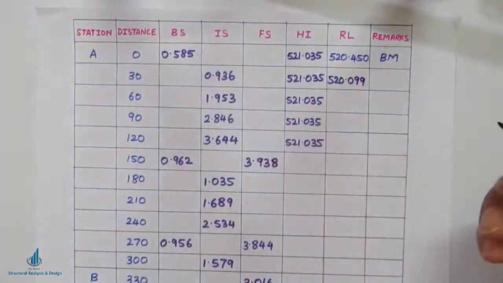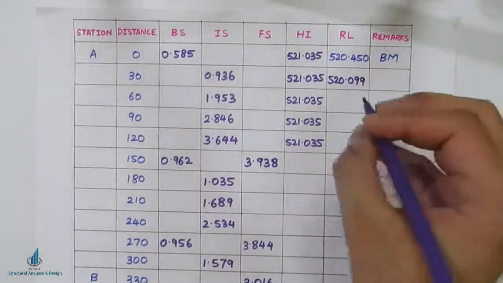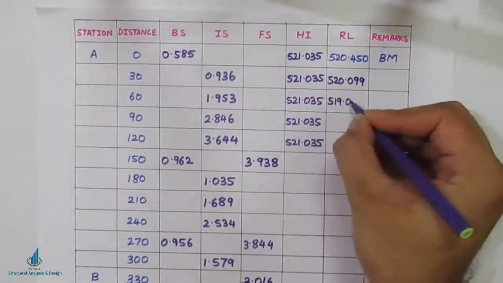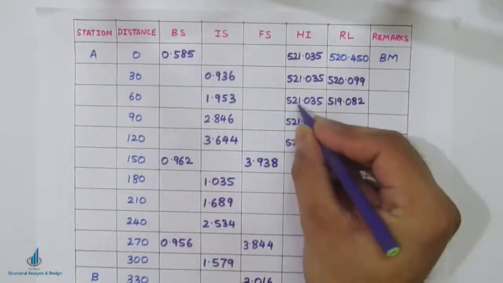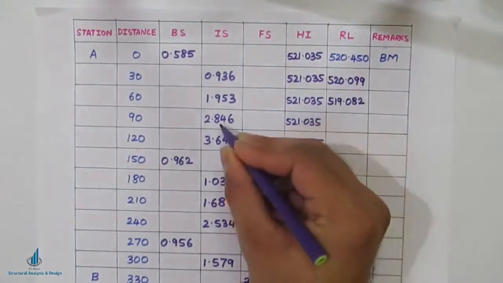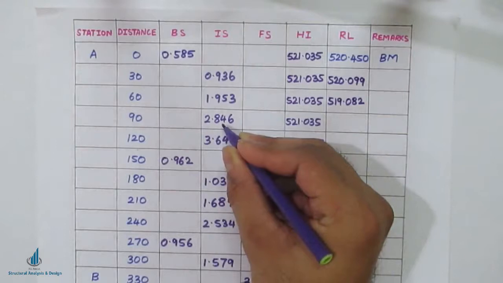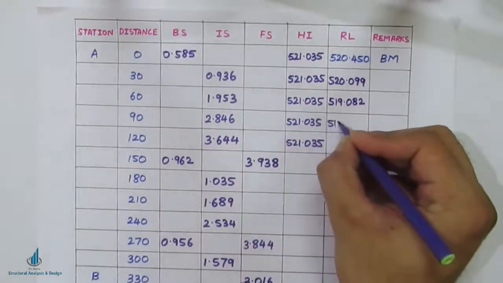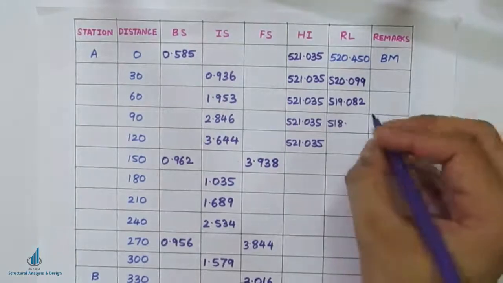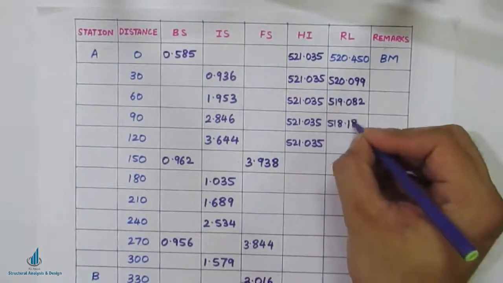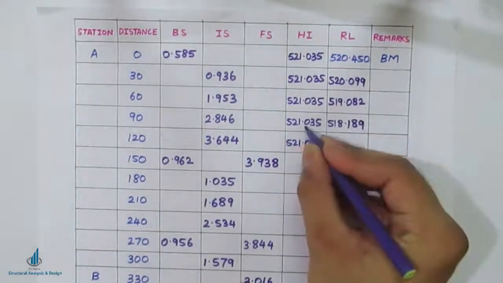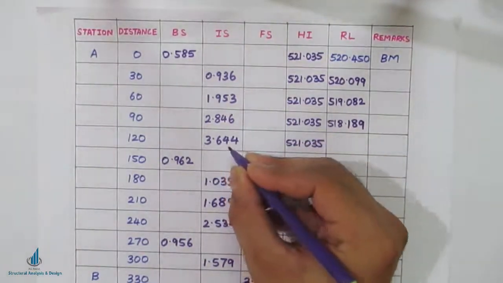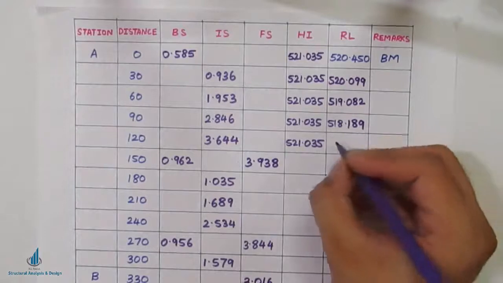So you will be getting 519.082. 521.035 minus 2.846, 518.189. 521.035 minus 3.644, you will be getting 517.391.